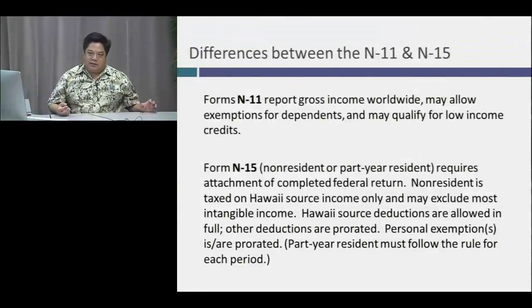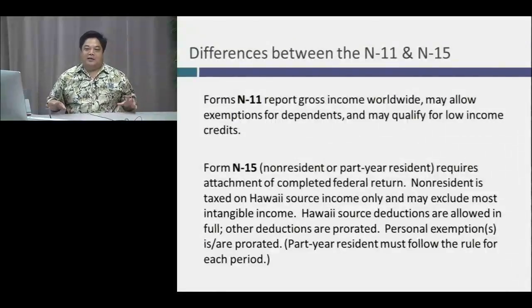But my first question is, are you a resident? If you're not even a resident, don't even follow the benefit of getting a tax credit. So unless you're N11, I would advise don't even need to worry about what is low income credit.